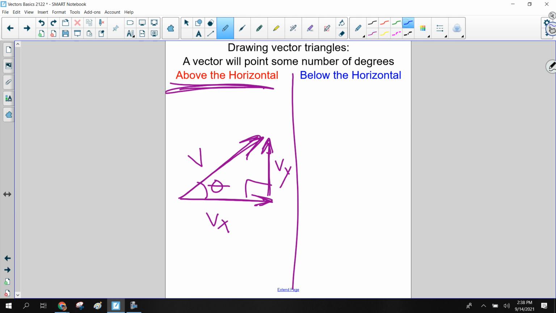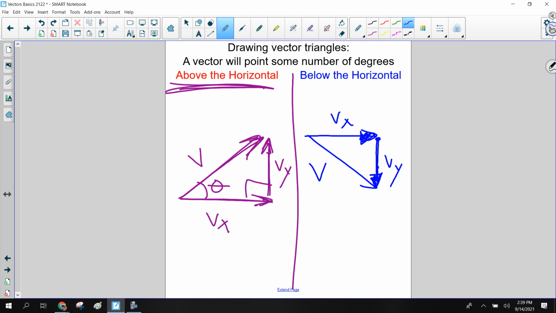If it's below the horizontal, you just take this and flip it over. Below the horizontal would be forwards and down. So here's my vector, and then the components need to be forwards and down. And notice once again, the head of my x component touches the tail of my y component.